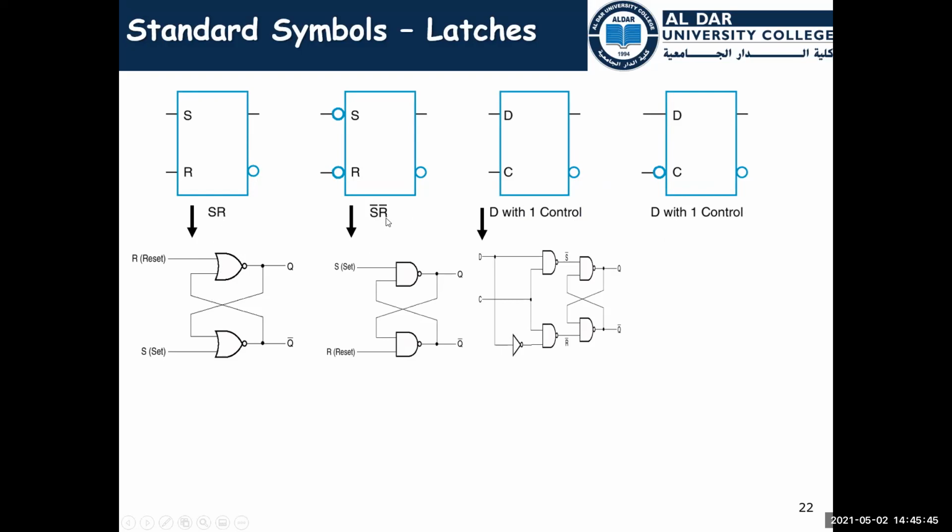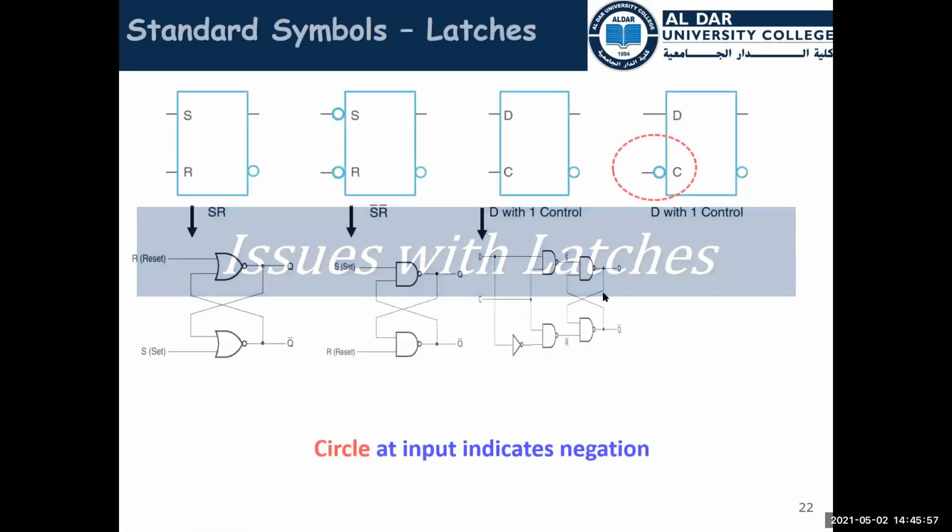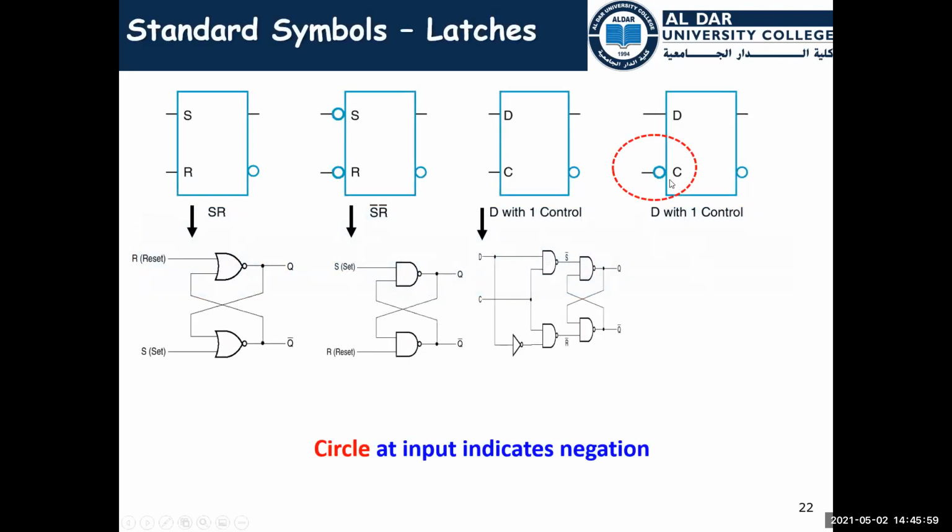This is the SR converted. And this is D with 1 control. And this is the negative. This means the negative of the control. 1 control means that one line of control, I think, is not logic 1. So it's okay.